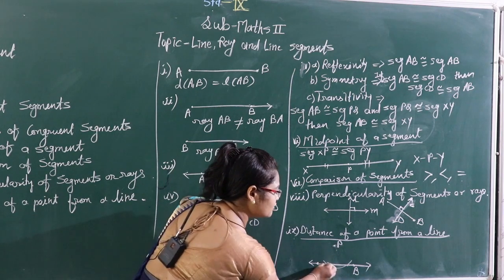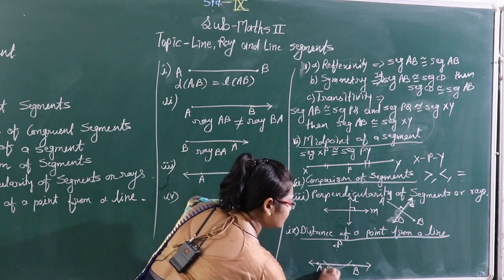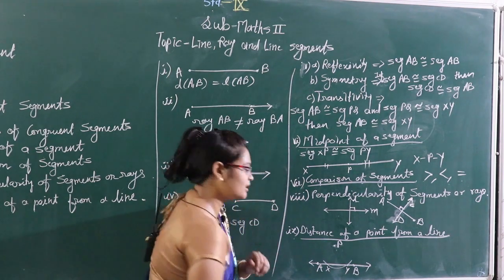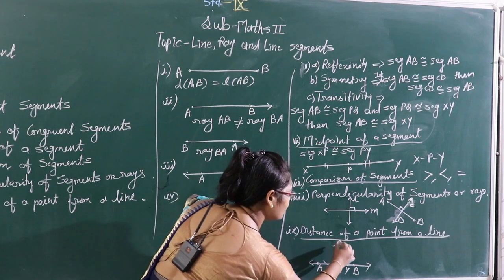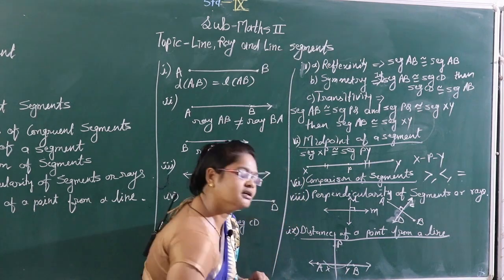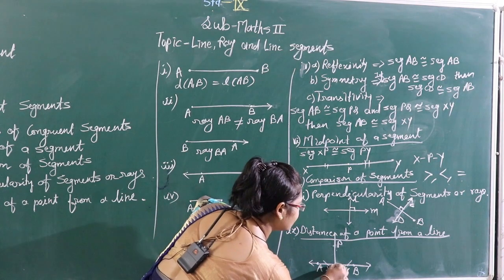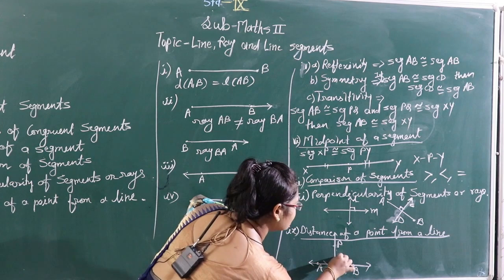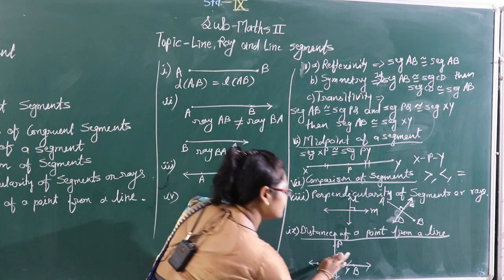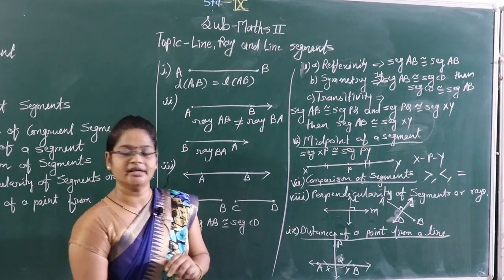From these two points which intersect line AB at points X and Y, we will draw a perpendicular bisector, which will pass through point P and intersect line AB at point Q.